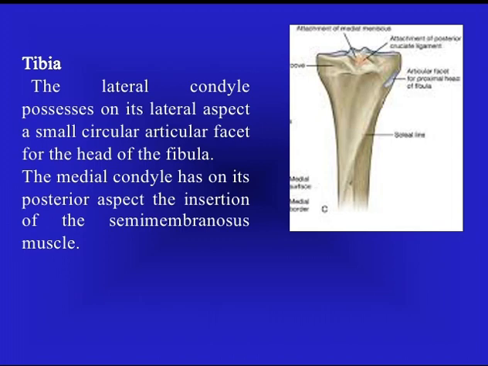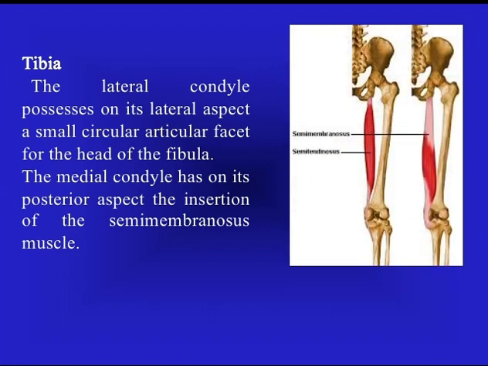The medial condyle has on its posterior aspect the insertion of the semimembranosus muscle. This is the facet for the articulation of the head of the fibula, and this is the attachment of semimembranosus muscle at the posterior tibial condyle.